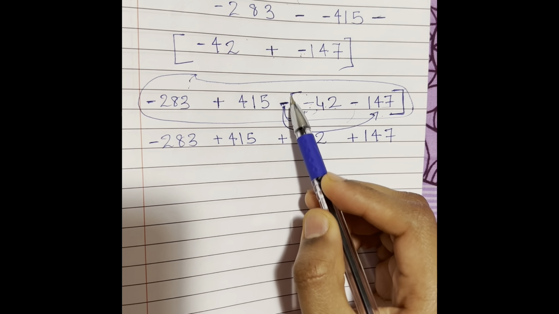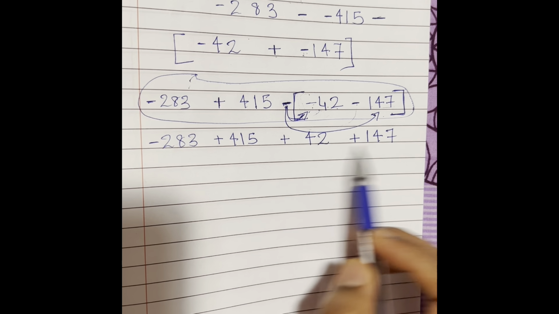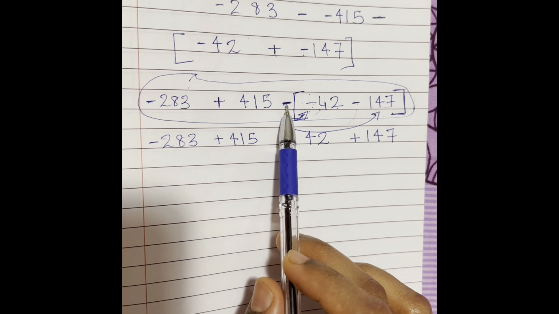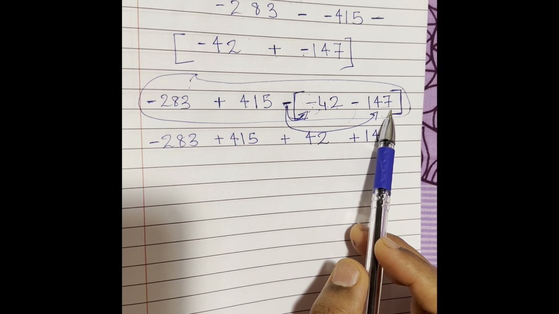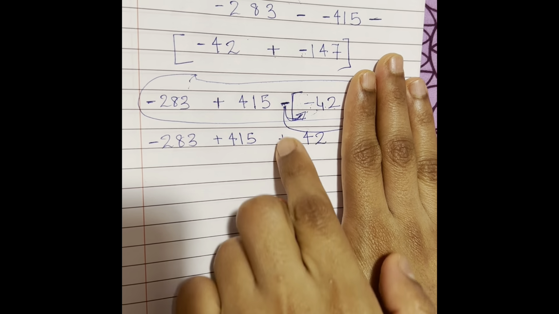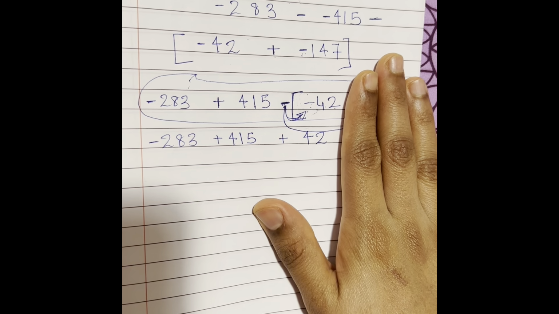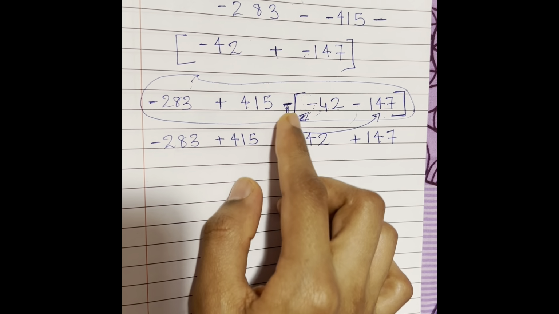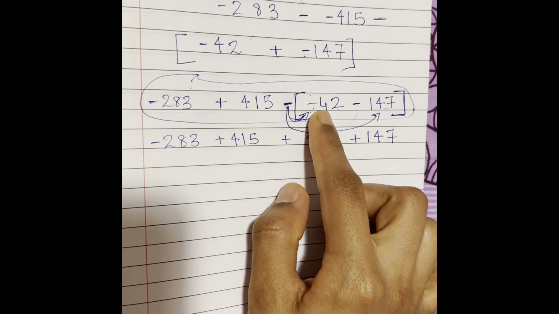We have to open the bracket, but before opening it, we need to take the minus to both the terms. If it was only one term, then we would write minus minus plus 42, that's it. But we have two terms here, inside the bracket. So the outside minus has to be taken for both the terms.